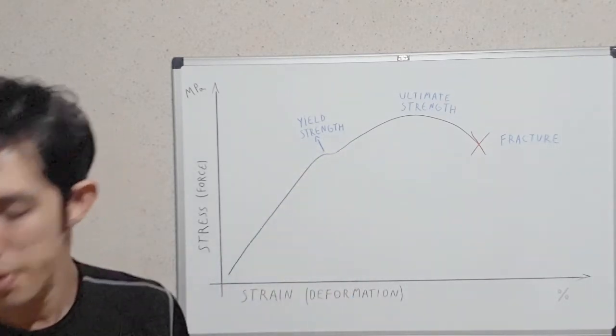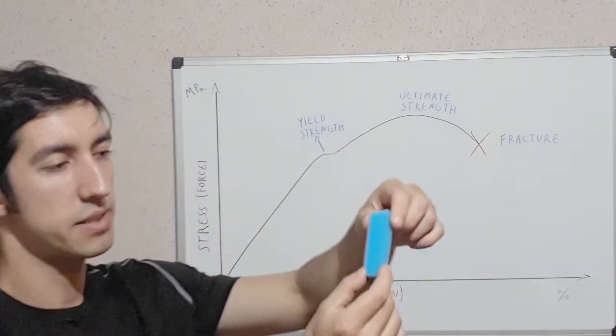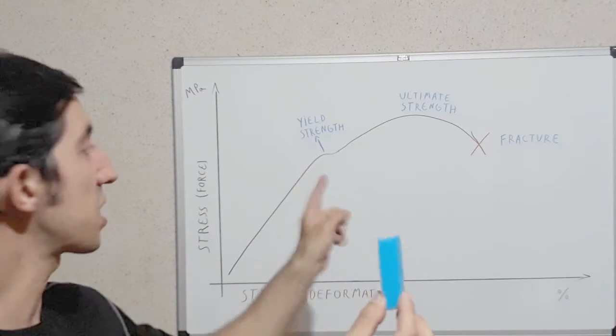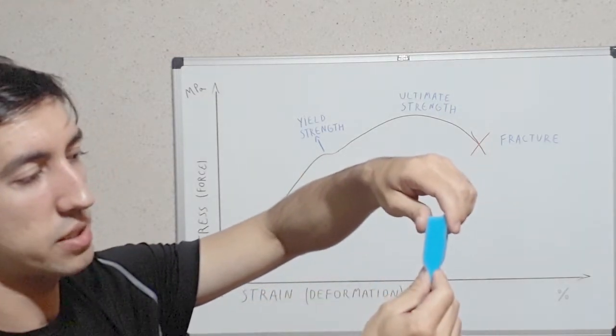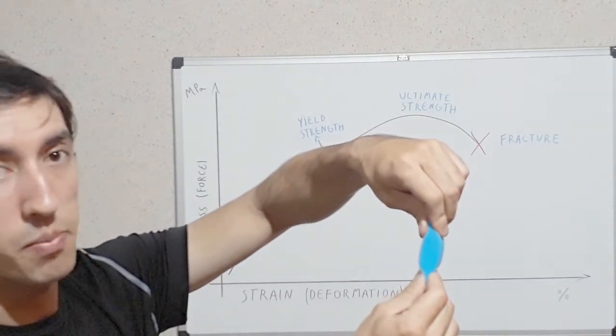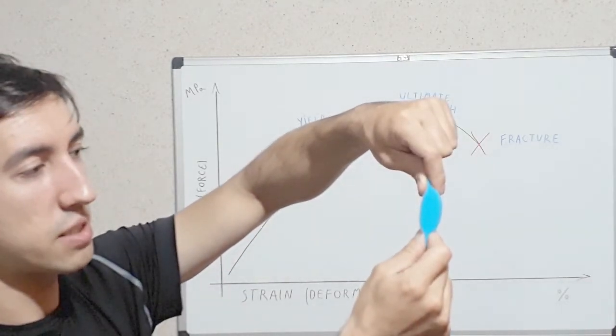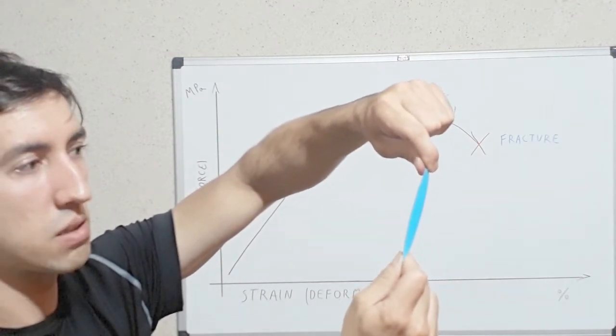Here I have a piece of sponge that represents a test in this machine. So the machine holds the bottom part of the sample and the upper part of the sample. The machine starts stretching until it breaks.